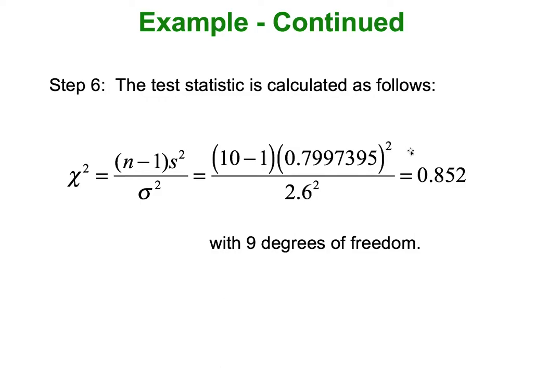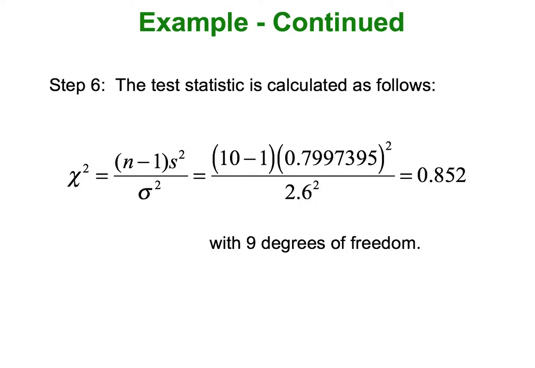We also calculated the variance, and we could have put that in directly and left the square off, but in this case I've put the standard deviation and left the square. In the denominator, the population standard deviation is assumed to be 2.6, and so we square that. When we run all this through, being careful with our parentheses, we come up with a test statistic of 0.852.